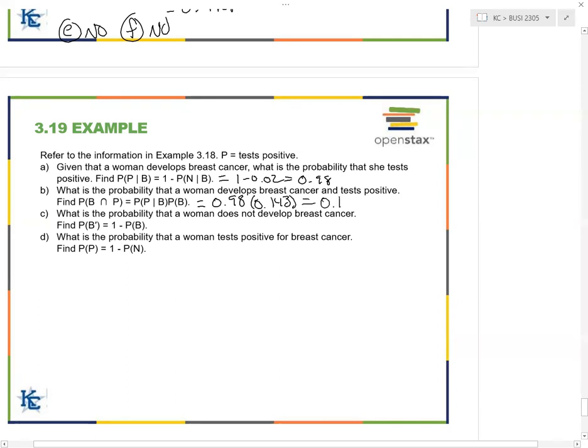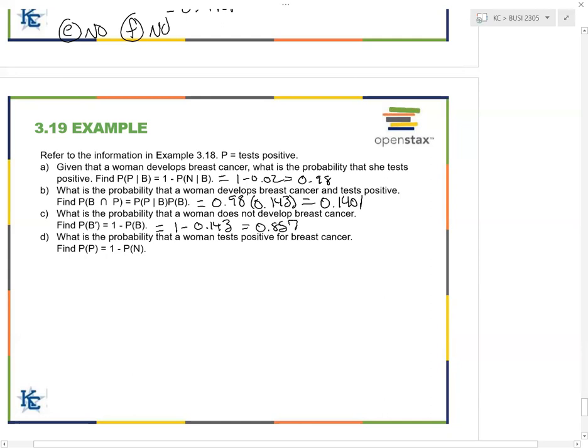And so we have 0.1401. What is the probability that a woman does not develop breast cancer? We want the complement, so 1 minus the probability of B, 0.143. And so we have 0.857.